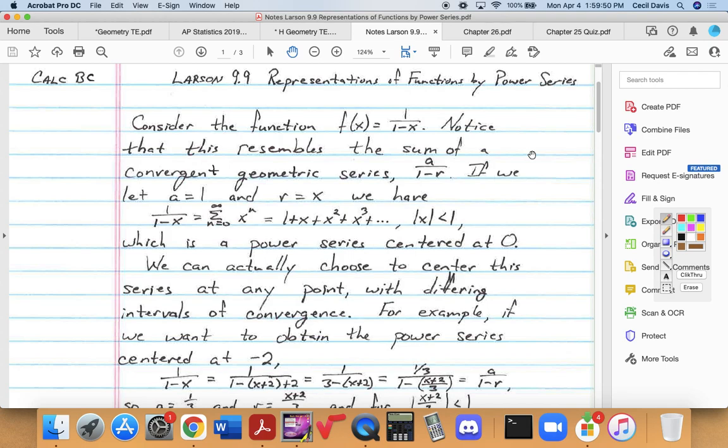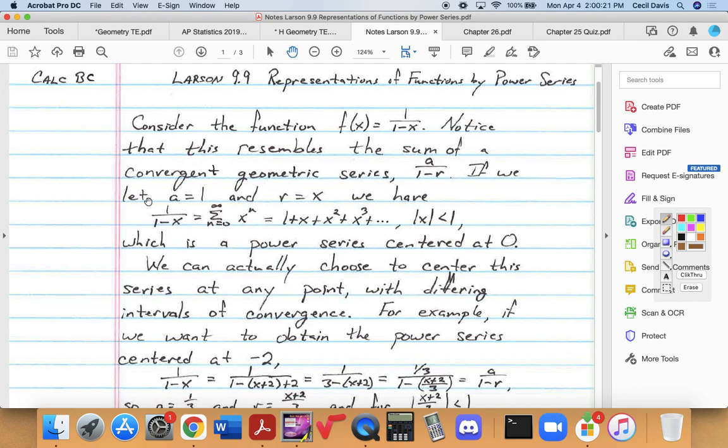So if we let a be equal to 1 and r be equal to x, then this function, 1 over 1 minus x, is equal to the summation as n goes from 0 to infinity of x to the n, which is 1 plus x plus x squared plus x cubed, and so on, provided that the absolute value of x is less than 1, because for a geometric series to converge, the absolute value of r is less than 1.